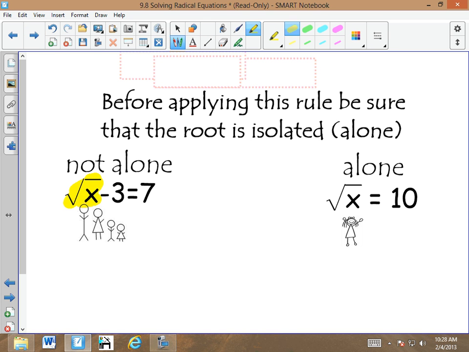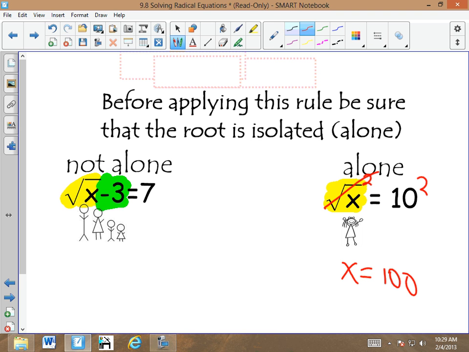This right here is not alone. Why is it not alone? Because it has the negative 3 with it. This here is alone because it only has the square root with it. So, here in the alone one, I can just go ahead and square now. Cancels. X equals 100.